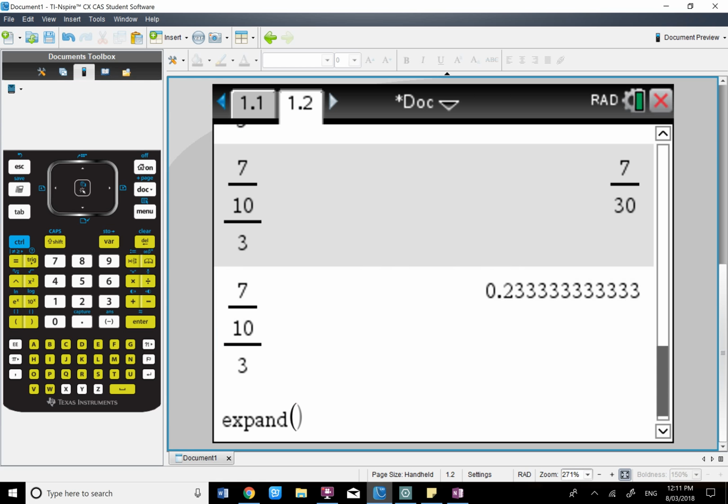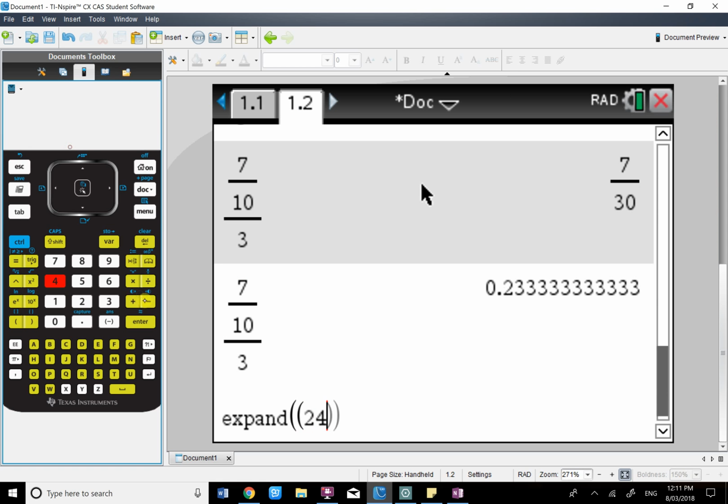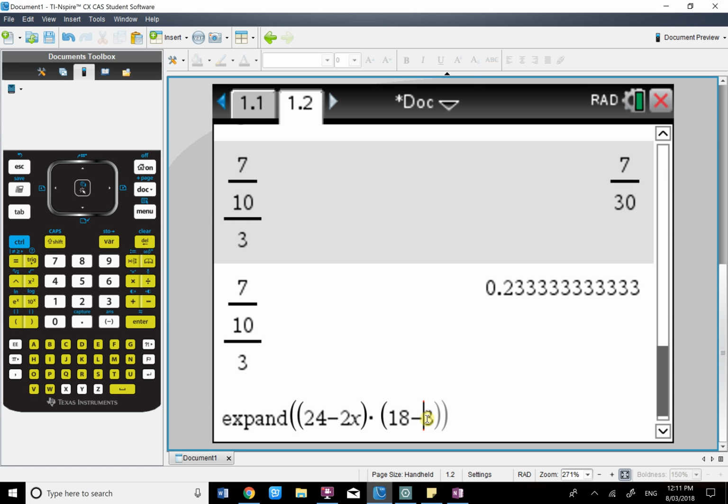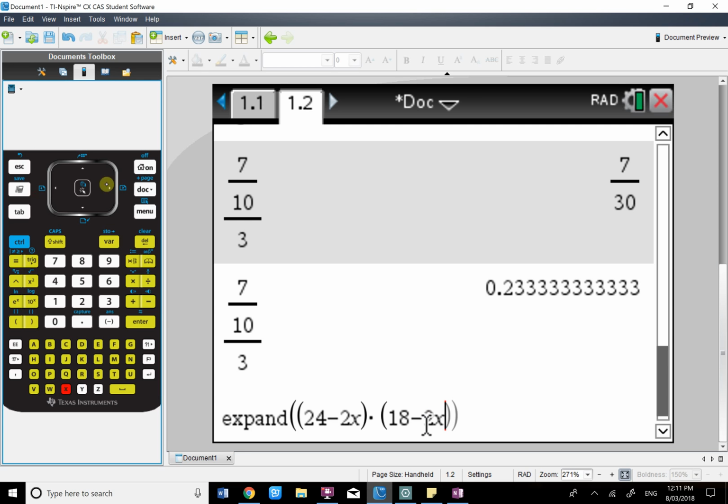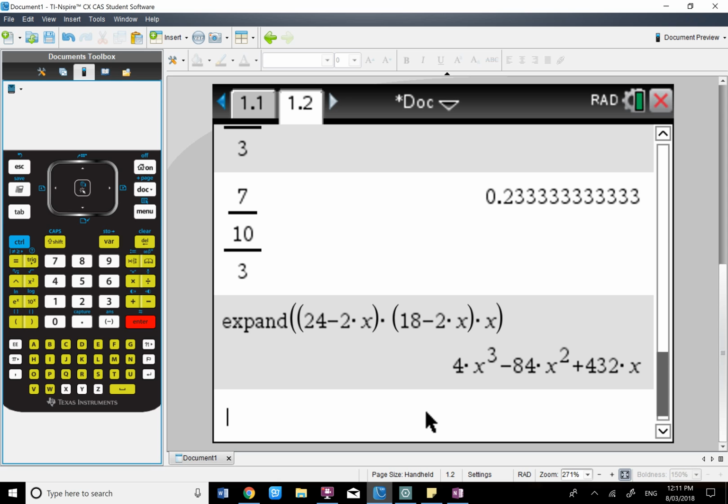Algebra and expand. Bracket 24 minus 2x times 18 minus 2x, and times x.